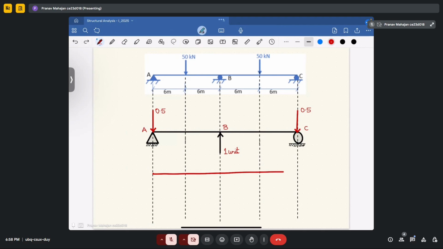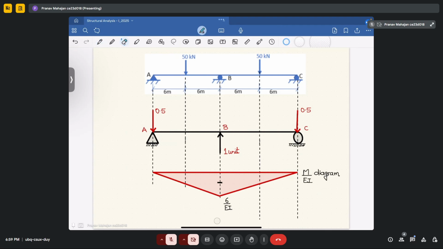So it will look like this. Okay. And its maximum value will come out as 6 upon EI. Okay, so that is your M upon EI diagram. And its value is negative. Fine.